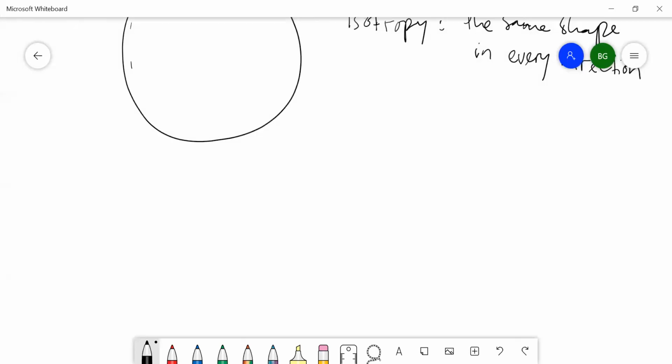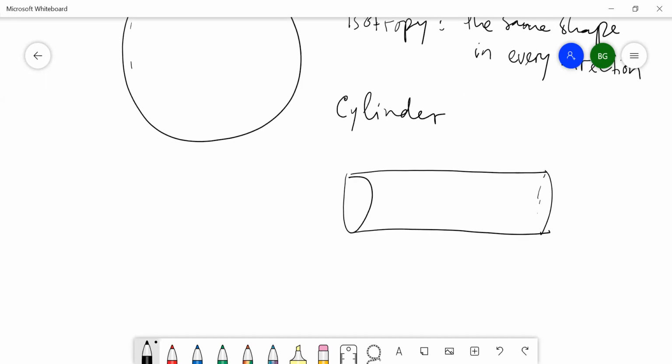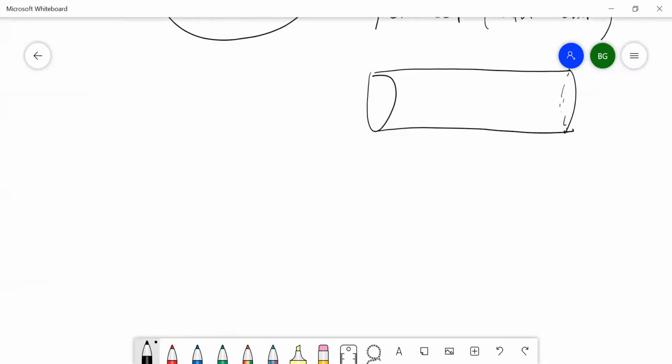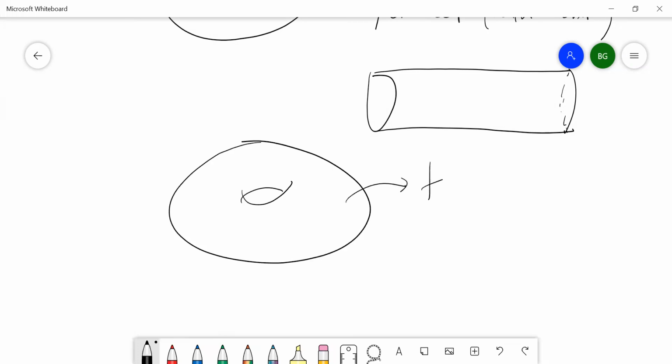For non-isotropy, for example, if you see a cylinder with a cover here. You can also imagine a torus, a donut.